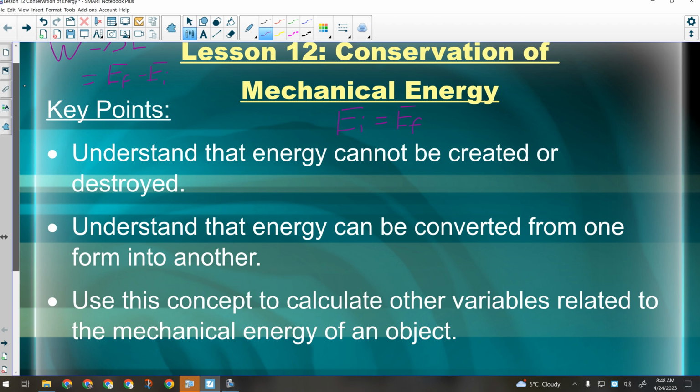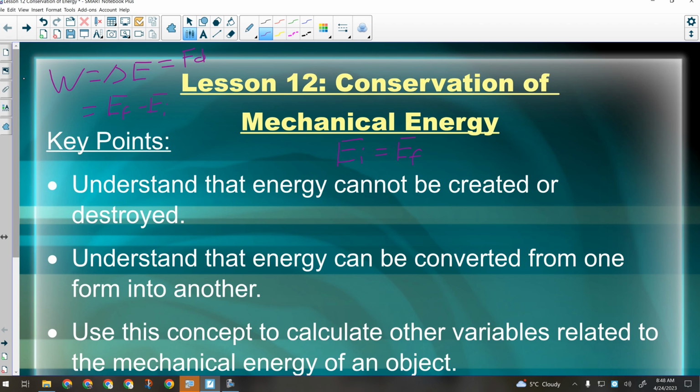All right, now, with the law of conservation of mechanical energy, there is something we have to understand about this. Nothing ever works this way. This is kind of an ideal world, a perfect, utopian physical world kind of situation. There is never a case in the natural world where the energy is 100% converted from one form to another.